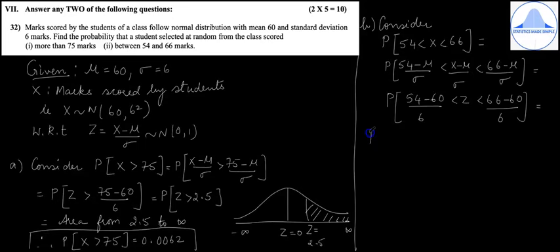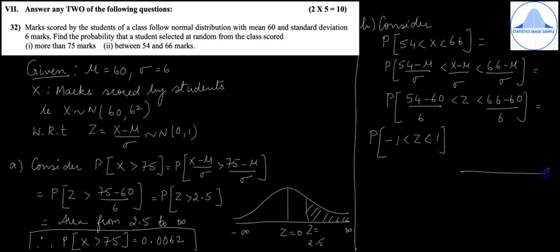So which is equal to probability of 54 minus 60 divided by 6 will be like minus 6 by 6. So you'll get minus 1 is less than z is less than 66 minus 60 by 6 is 6 by 6, which is 1.